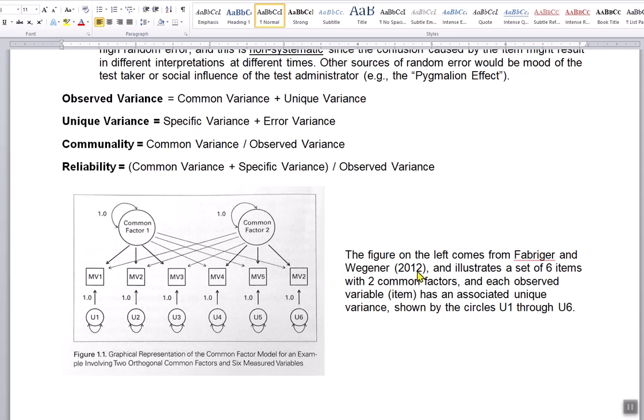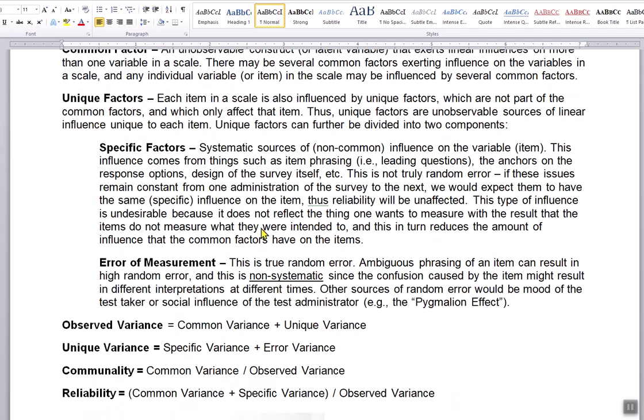The figure here comes from Fabrigar and Wegener, and we see 6 items, 1, 2, 3, 4, 5, 6, each of which has a circle underneath it that represents unique factor or unique variance. That's this part.